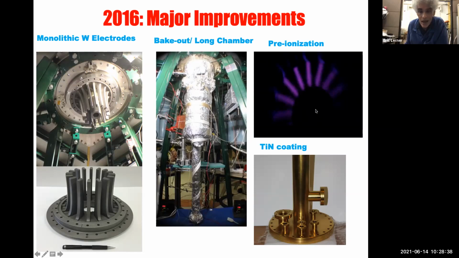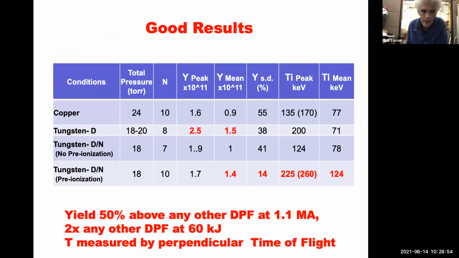Strictly speaking, it's a dark discharge, to eliminate the runaway electrons, which we had good evidence was causing an increase in erosion and impurities right at the start of the pulse. So we got really good results as a result of all these changes.